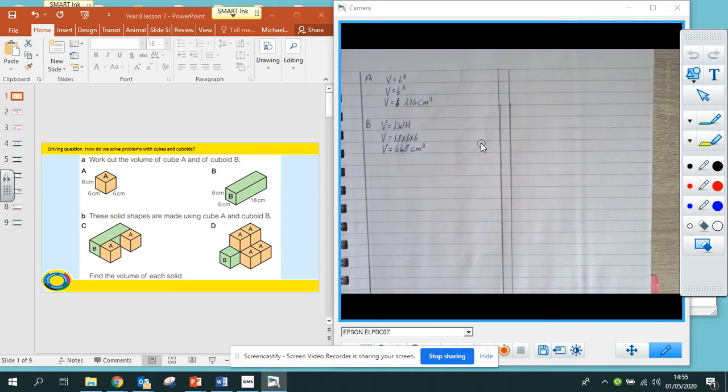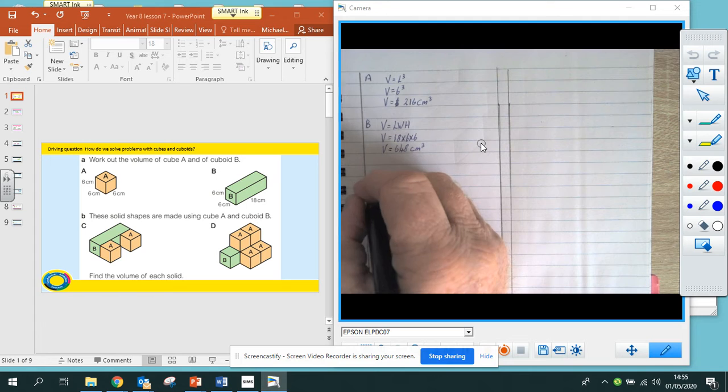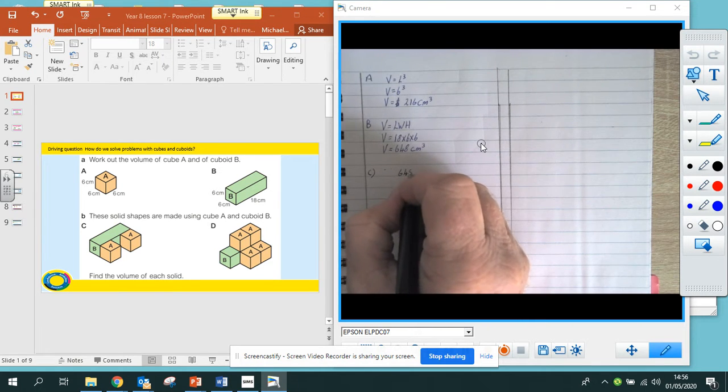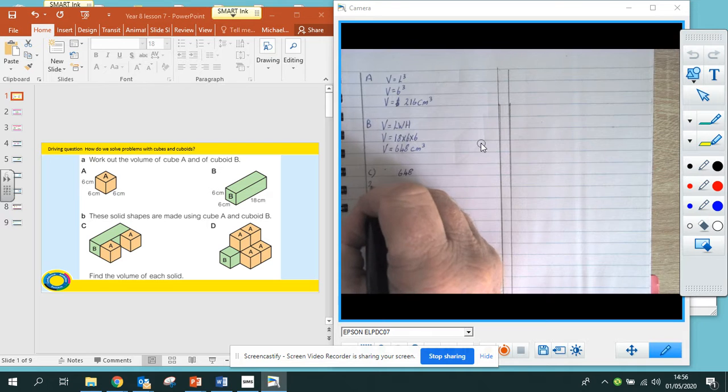Now, once I've done those, I can actually make up C and D. I can use those volumes to find the answer. So, for example, the horseshoe shape in C can be made up of 1 B, which is going to be 648, and 2 A's, and each A is 216.